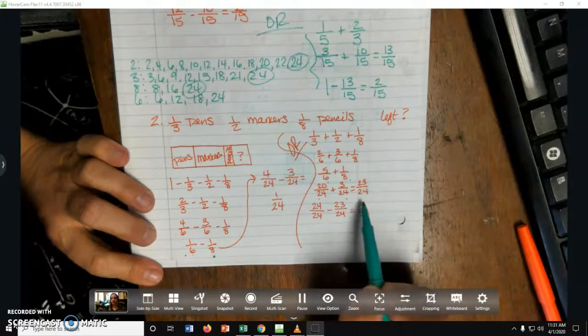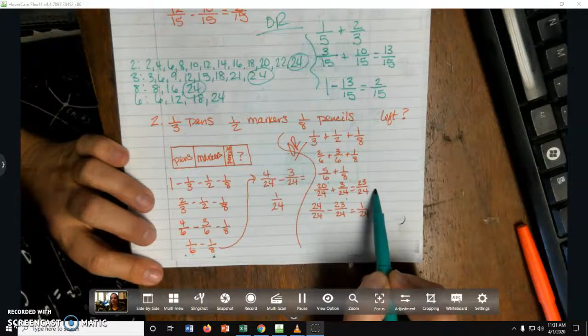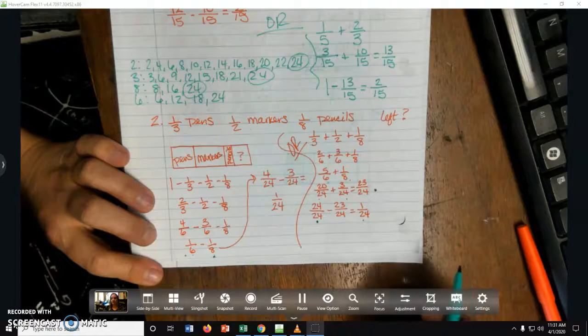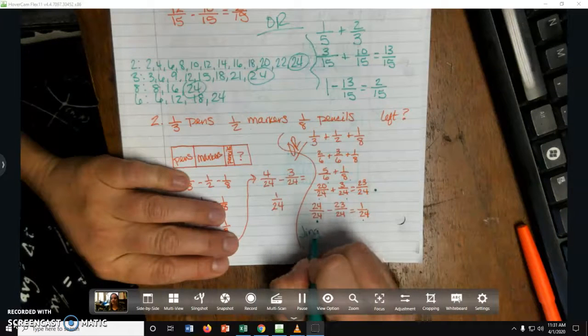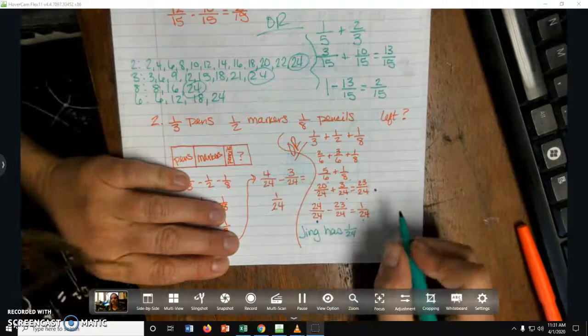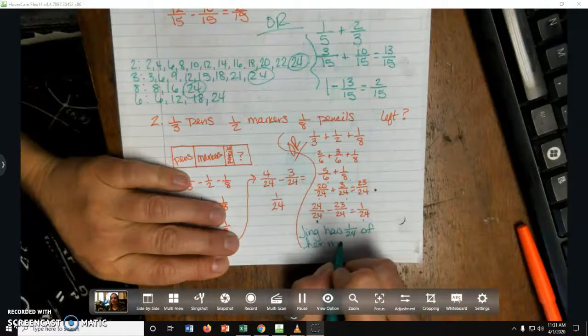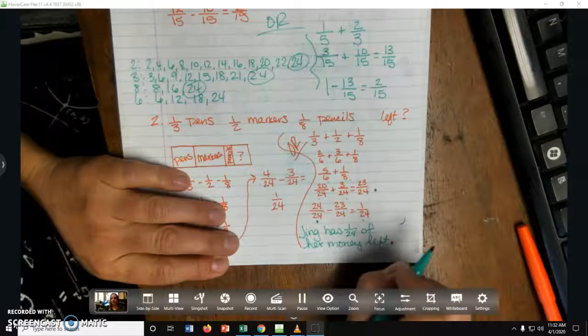Add those together, I have 23/24. That's how much money he spent. So then I have to subtract that from what I started with, which was the whole, to find out how much money is left. In your complete sentence, Jing has 1/24 of her money, my bad, of her money left, period.